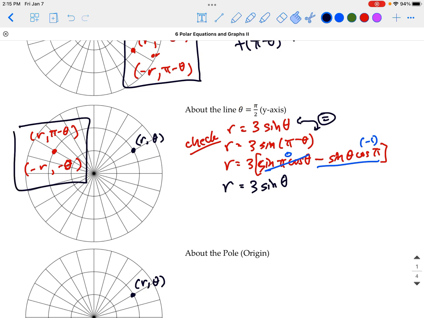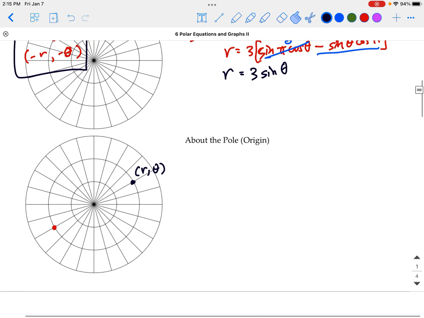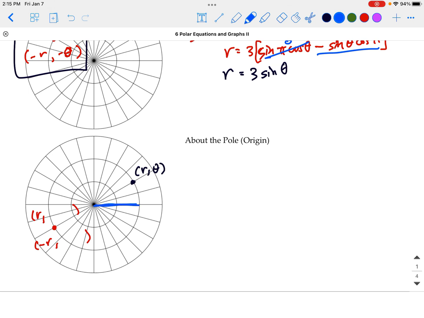All right. And then finally, we've got our symmetry about the pole. So we've got r comma theta, again, in the first quadrant, and then we've got r comma something, negative r comma something here. So if we start with positive r, we can rotate around this way, or in reverse. So there's kind of two different ways you can think about this.